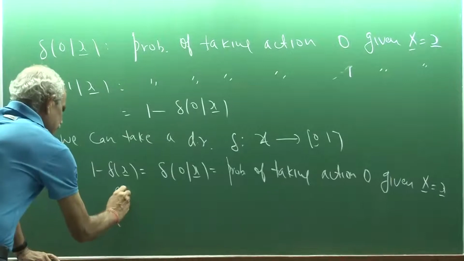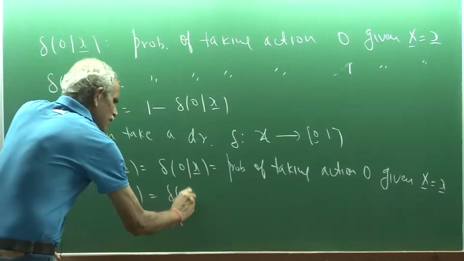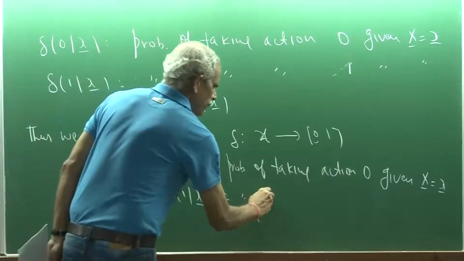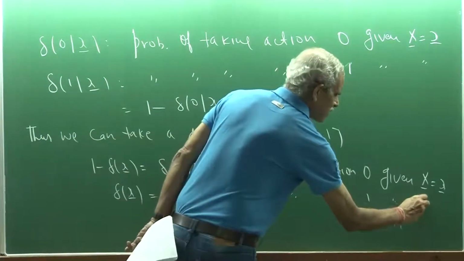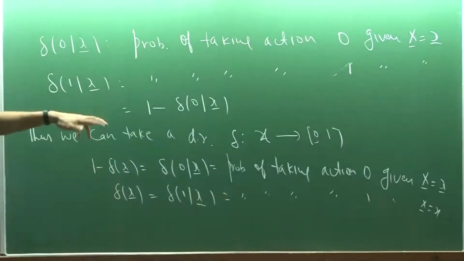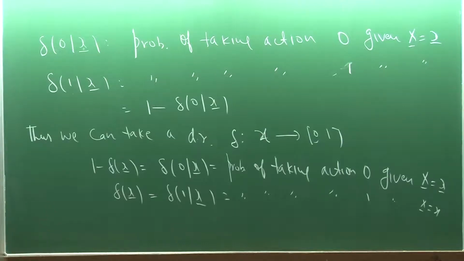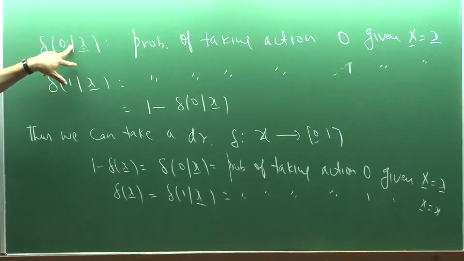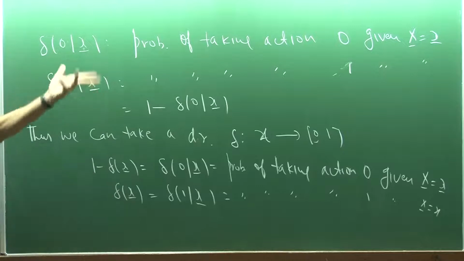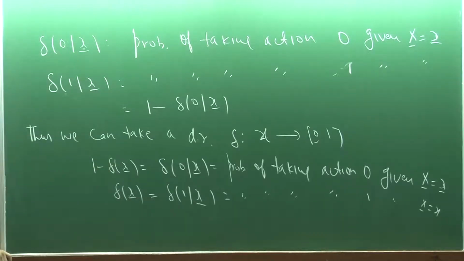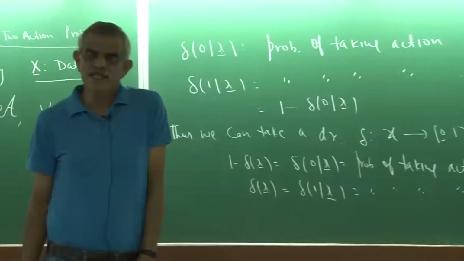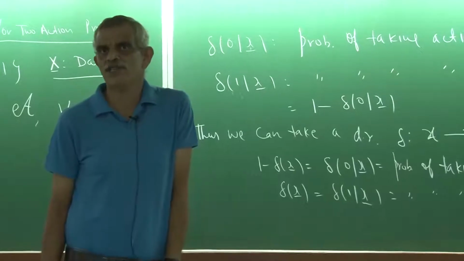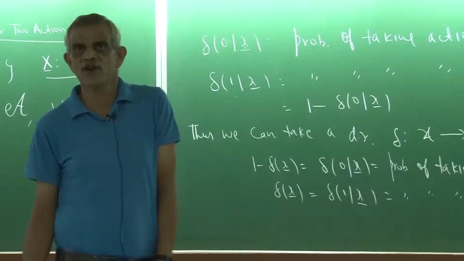And so delta x again is nothing but the probability of taking action a1 given X equal to x. Now the reason I am doing it is I don't want to carry all the time delta 0 given x and delta 1 given x. I just have a delta x, because here delta 1 given x is determined through delta 0 given x and vice versa. So as well I can represent one of them as delta x, and the second I know is 1 minus that. So that is exactly what I have done. So 1 minus delta x for me is the probability of taking action a0, and delta x is the probability of taking action a1 given that the data is observed as small x.